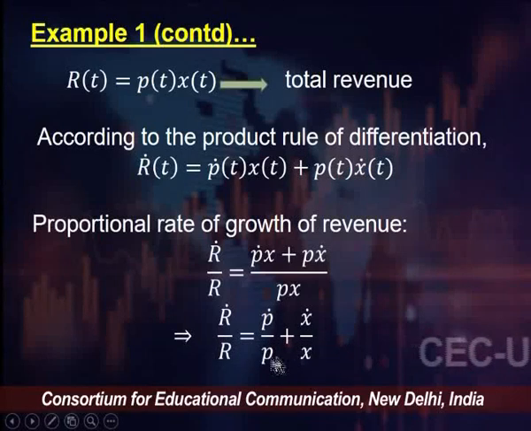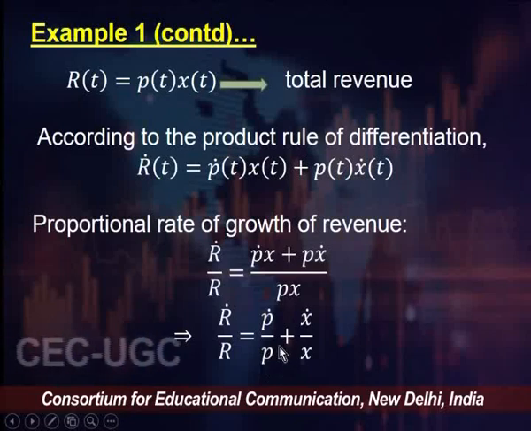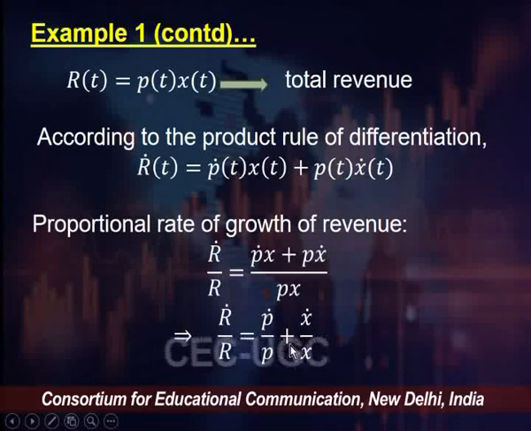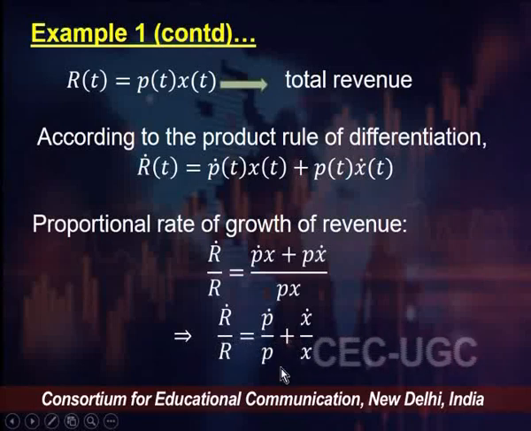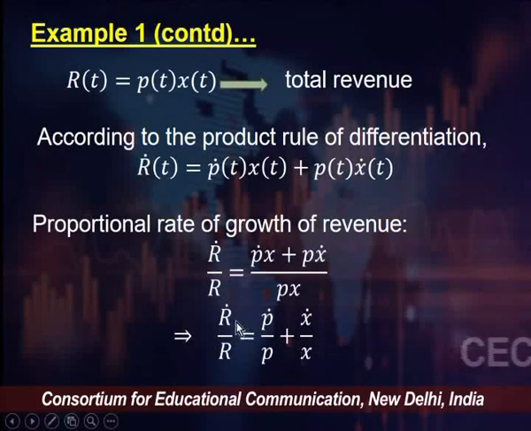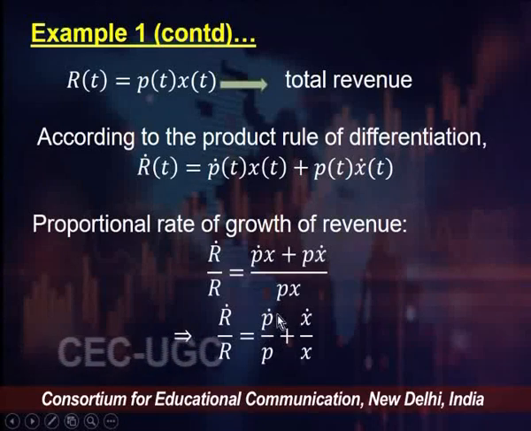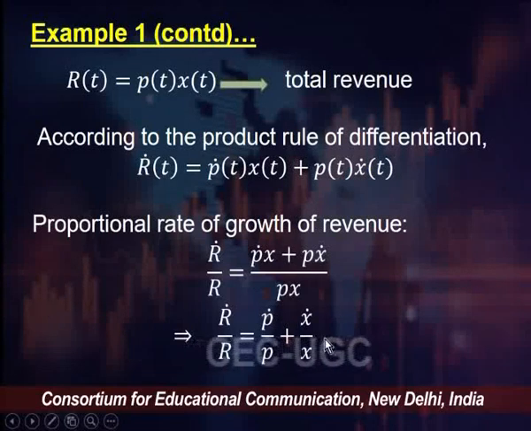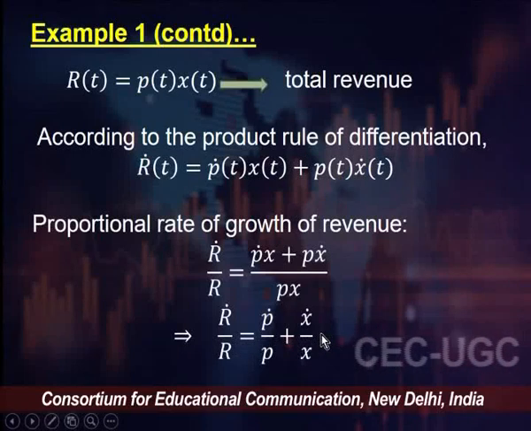This is to say that the proportional rate of growth of revenue is nothing but the sum of the proportional rates of growth of the two individual variables. So the proportional rate of growth of revenue is the proportional rate of growth of price plus the proportional rate of growth of x.